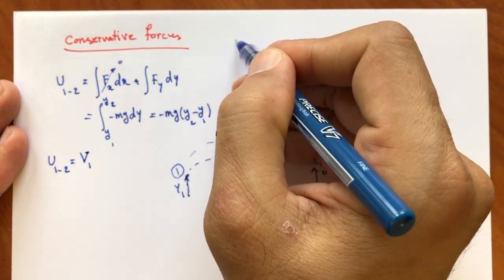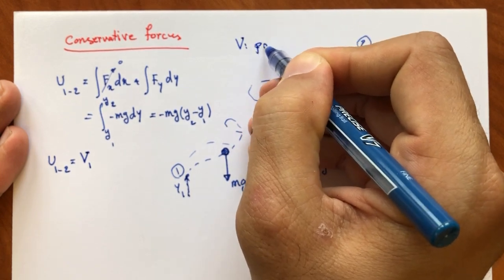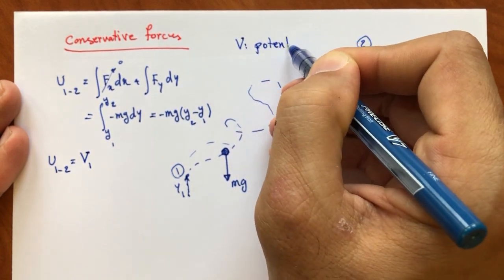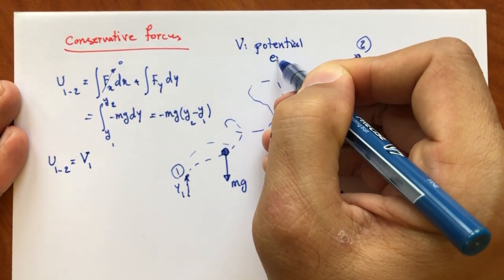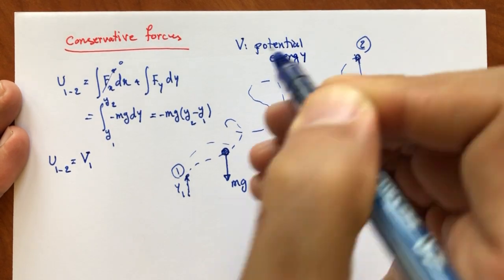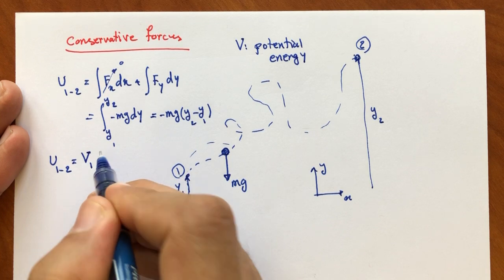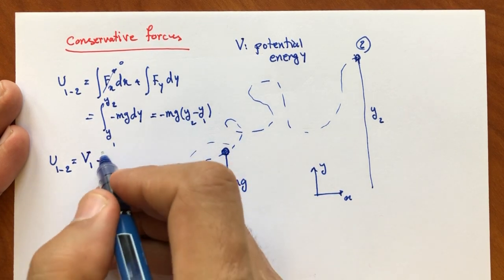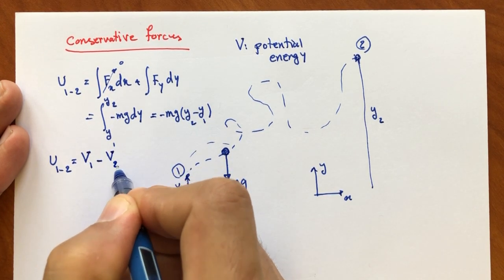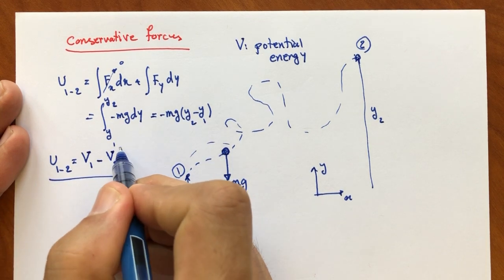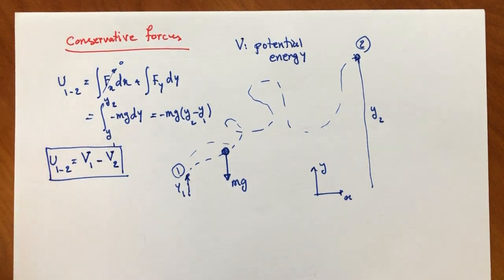So I'm going to use V as potential energy. So U from 1 to 2 is the potential energy at the beginning minus mgy2, which is the potential energy at the end. This is another important equation, which I'm going to use in a few minutes.